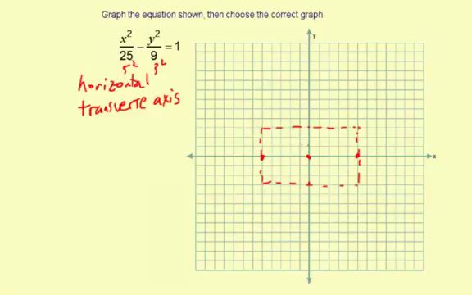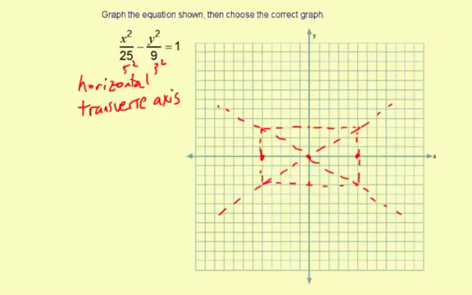Now this rectangle is going to be used to draw the asymptotes. The asymptotes are going to go through the corners of the rectangle. They're going to be diagonal lines. So they'll go like that. And like that.